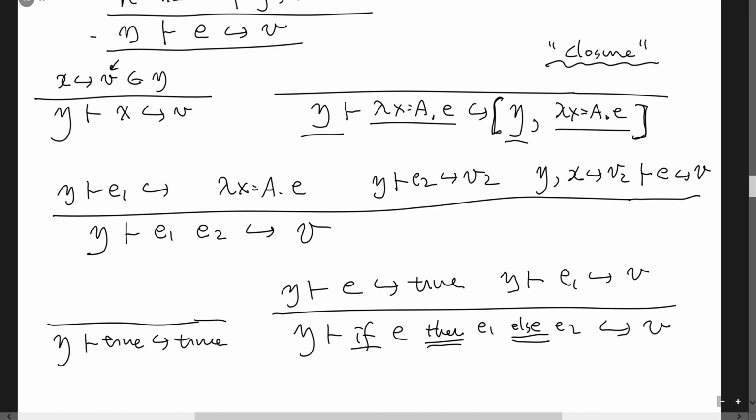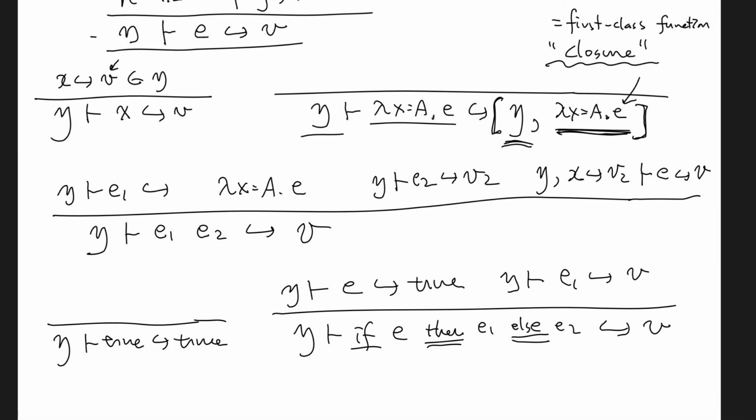So closure is basically the representation of first class function. It's a function, but without this environment, there's no way to evaluate the free variables. But in the presence of this environment, we can think of this lambda abstraction as closed, because free variables can be replaced with variables found in this environment.